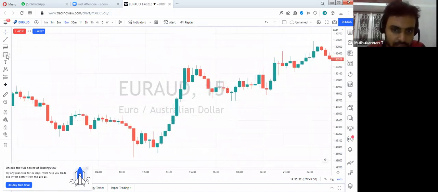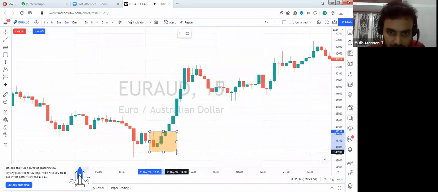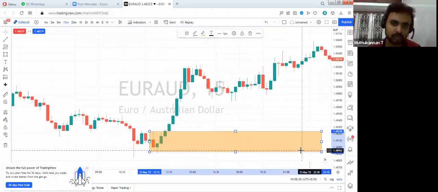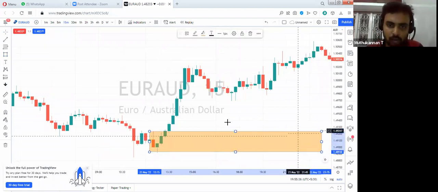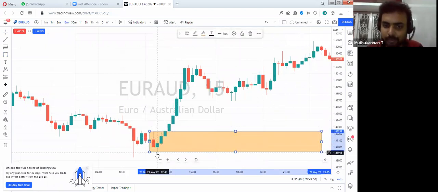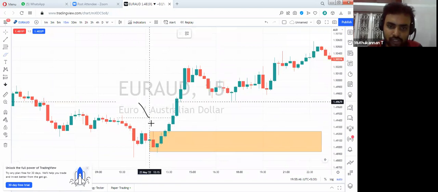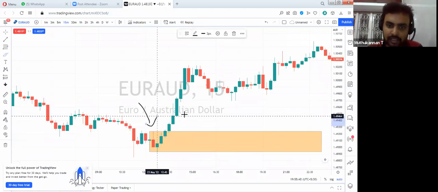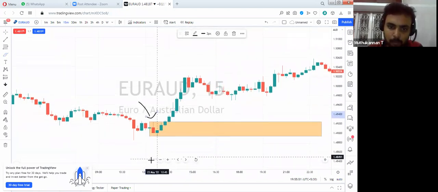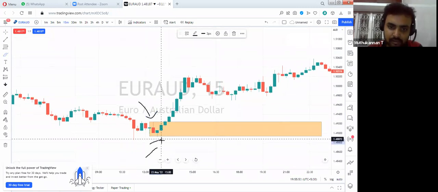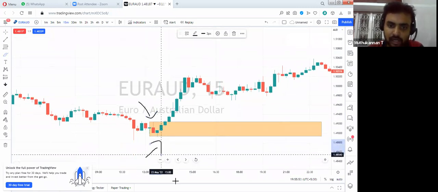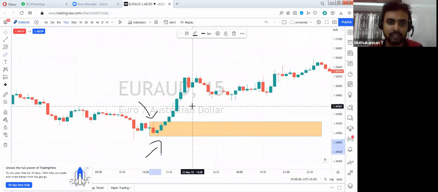Now, can you guys see here the last bearish candle before the strong up movement? Why we are marking this last bearish candle is because it is understandable that the smart money sold their positions here, and the smart money bought the positions here. They sold here, they bought here.